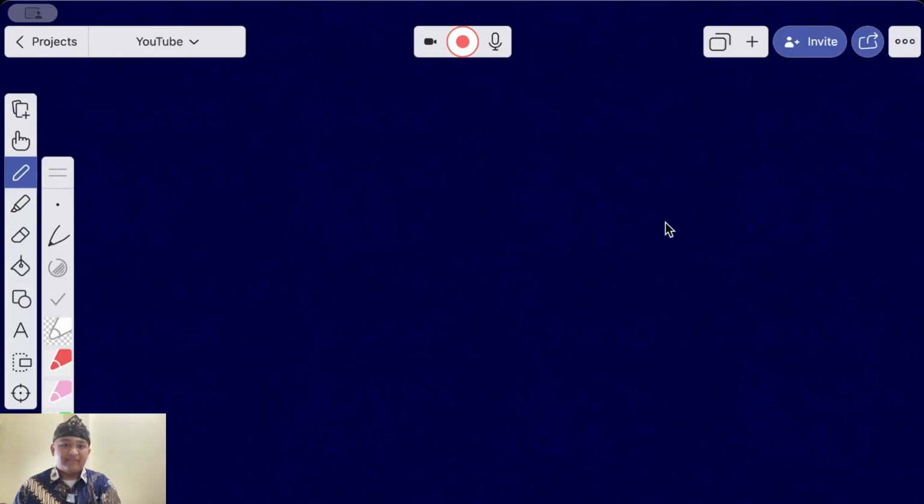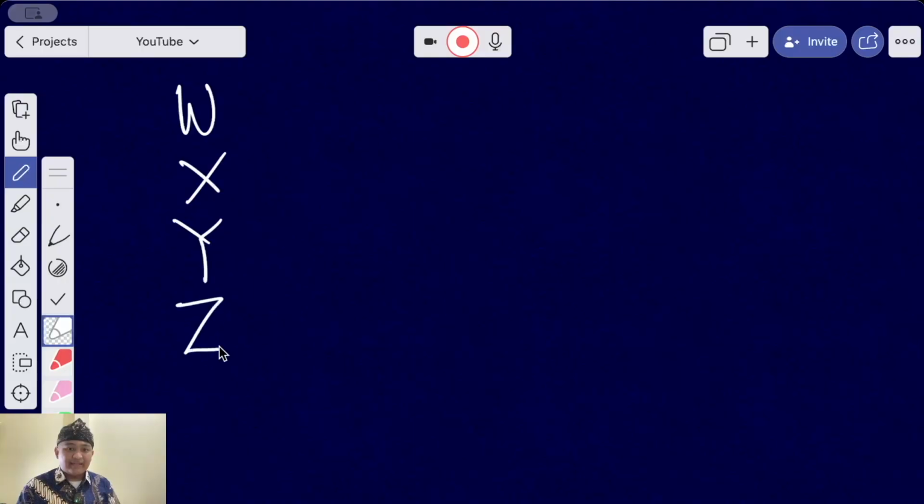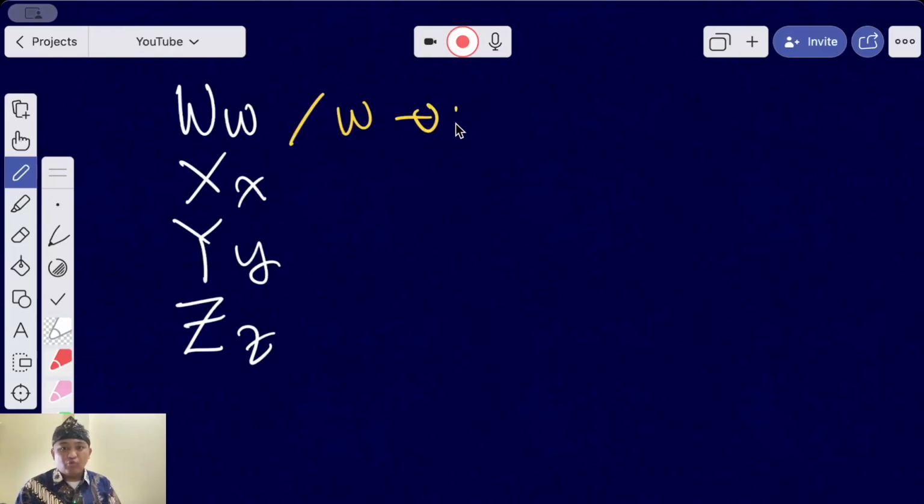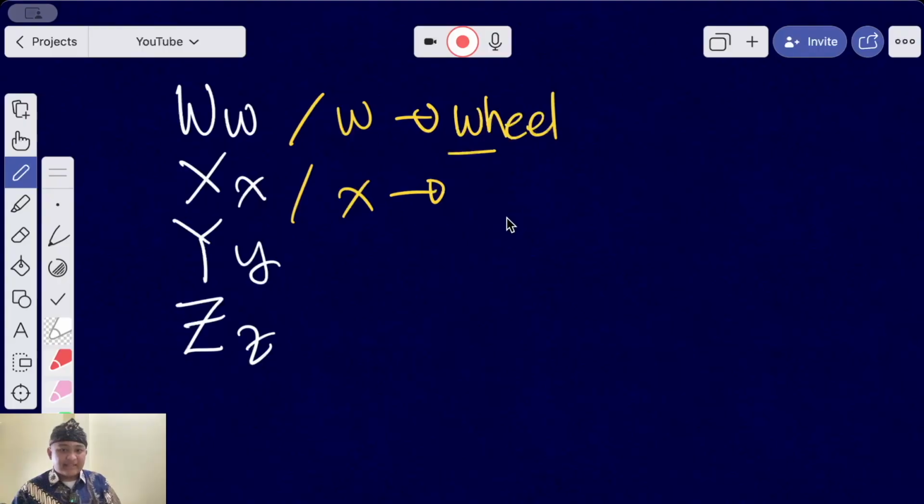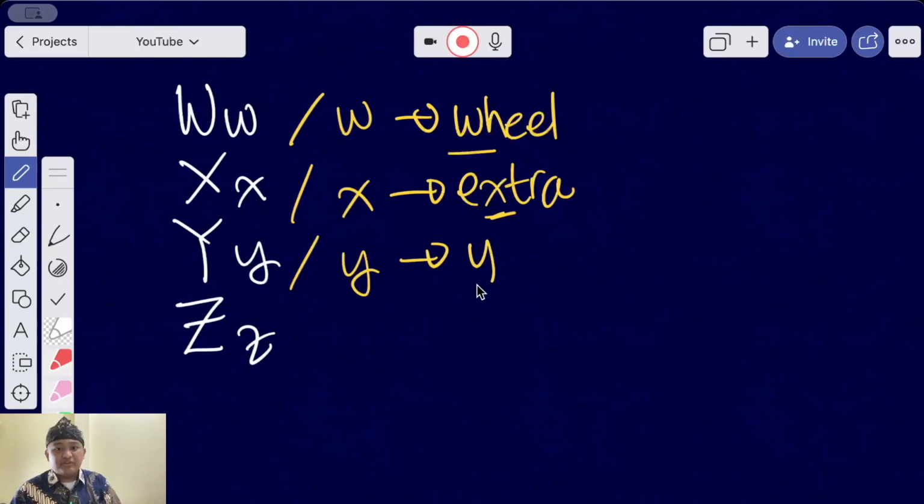And then we have the rest of the alphabet letters: W, X, Y, and Z. This one is W, as in wheel. This one is X, as in extra. This one is Y, as in YOLO.